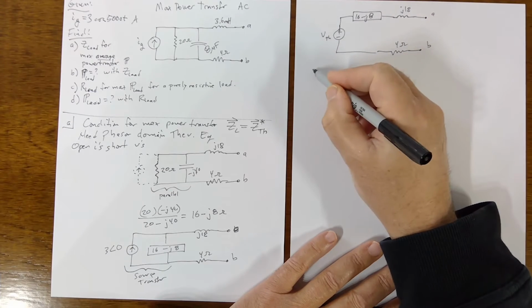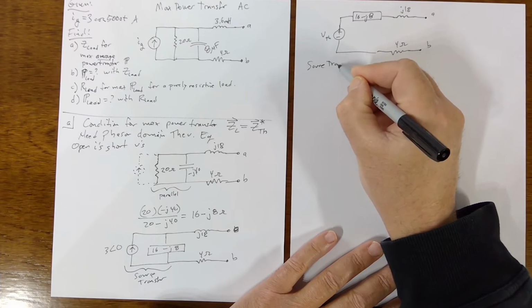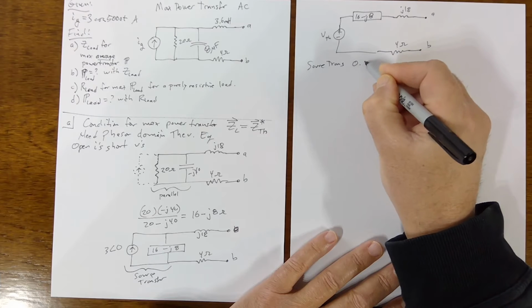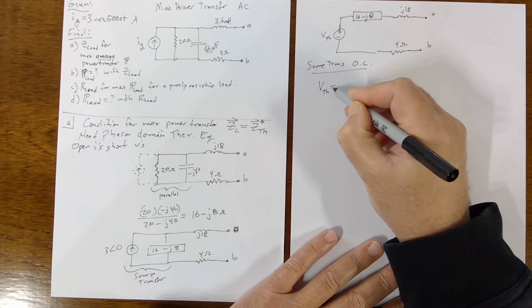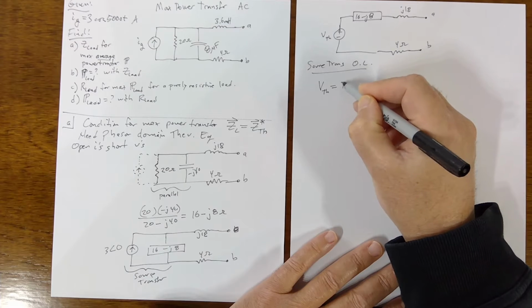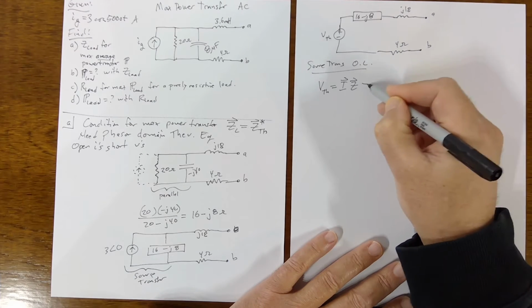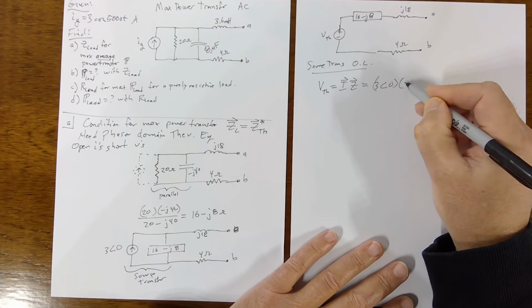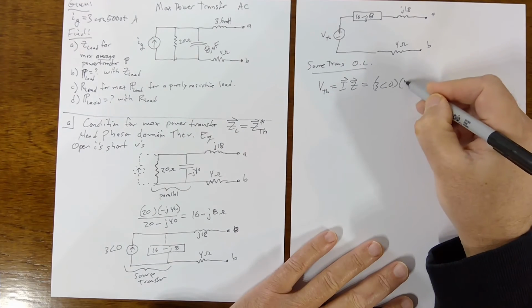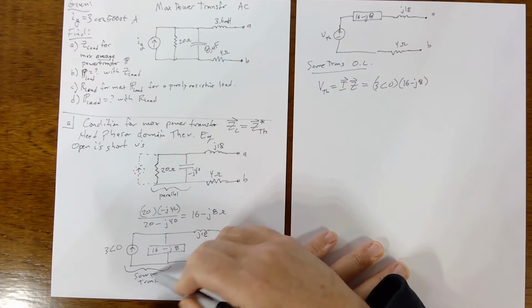All right. So the calculation for the source transform is Ohm's law, right? You just use Ohm's law to get this V. It's going to be I phasor times Z. So it's going to be 3 angle 0 as the I, and this Z, 16 minus J8, right? So this is what a source transform looks like in complex.